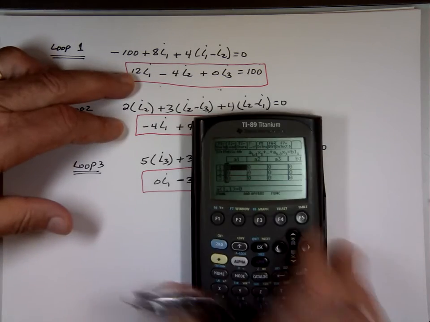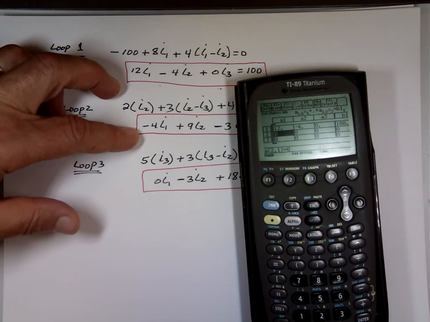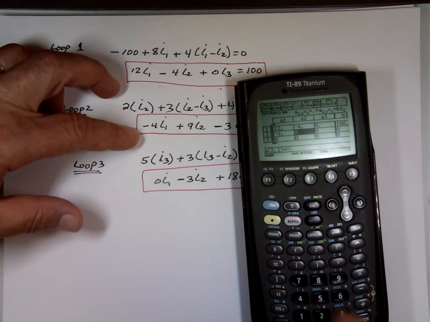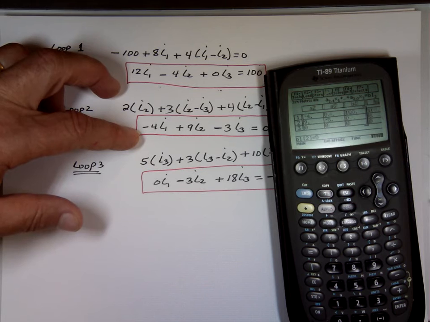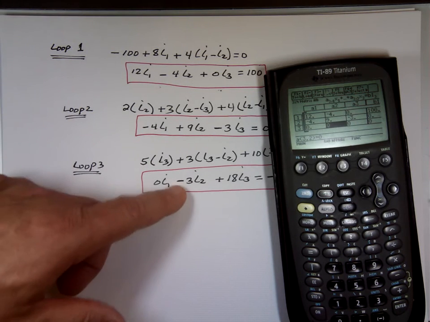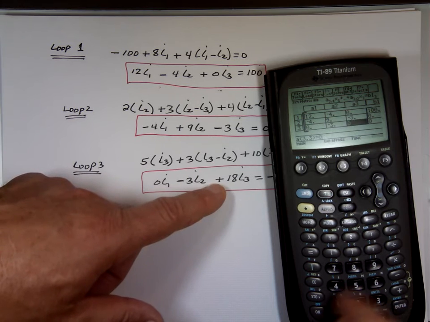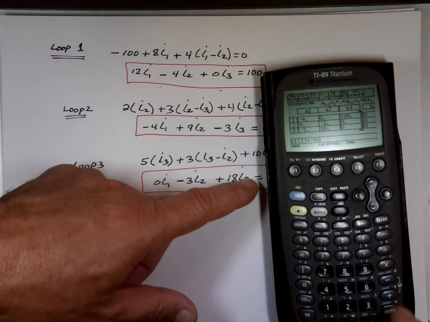There we go. 12, negative 4, 0, 100. Negative 4, 9, negative 3, and 0. The last one, 0, negative 3, 18, and negative 80. Solve.